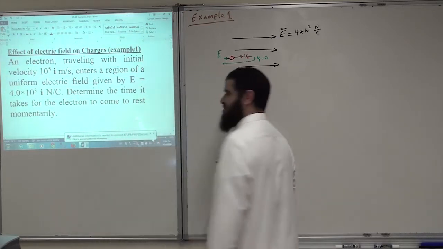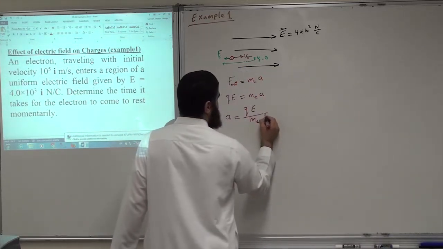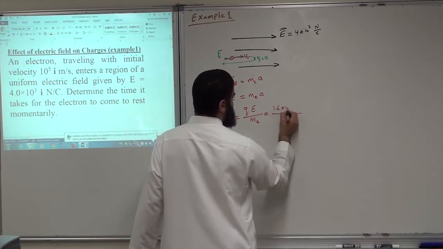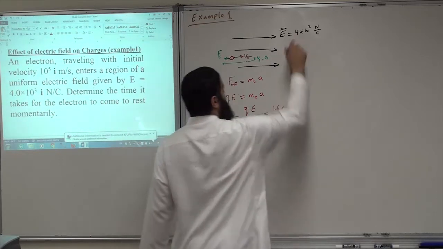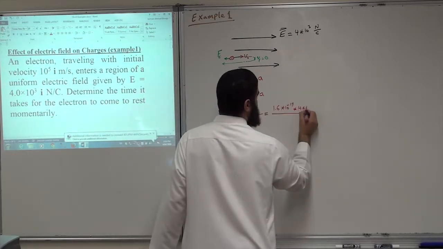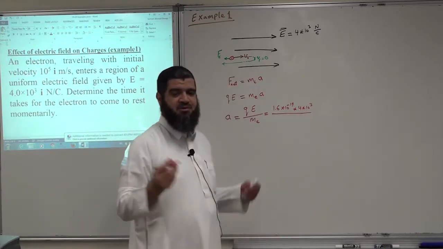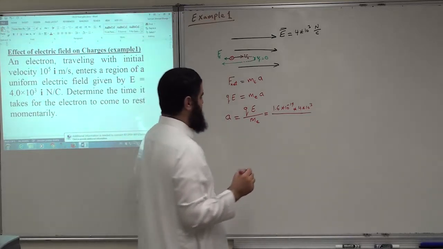Okay, so in magnitude, what is the charge of the electron? It is 1.6 times 10 to the minus 19 multiplied by the magnitude of the electric field, which is 4 times 10 to the power 3, divided by the mass of the electron. You might wonder, how can I know the mass of the electron? It will be provided to you in the formula sheet.